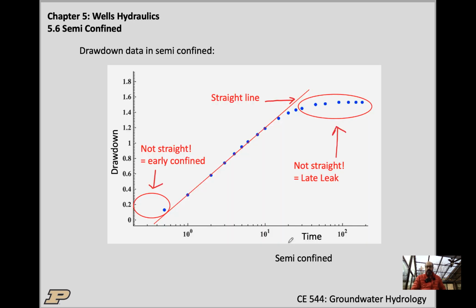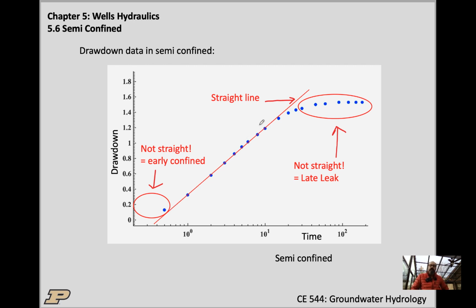Okay, so this is all models. How about real data, right? This is actual pumping well data, so drawdown data versus time. Again, time is in log scale. You can see that linear trend in the middle. Early on, typically we don't have much data because these tests are short term. This can be, depending on the well, from under a minute to a few minutes to maybe an hour, but not very long at all.